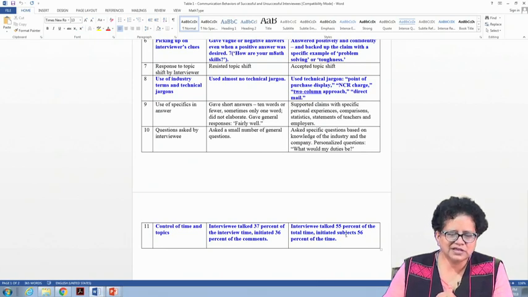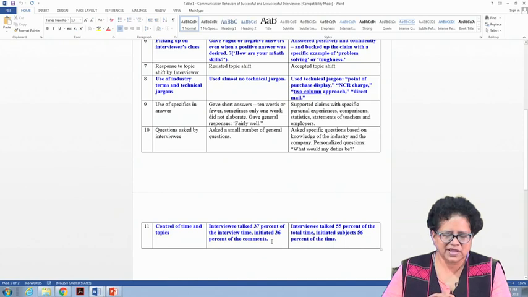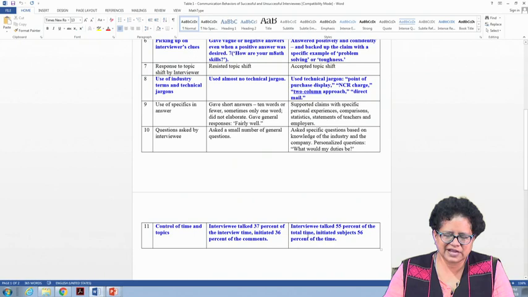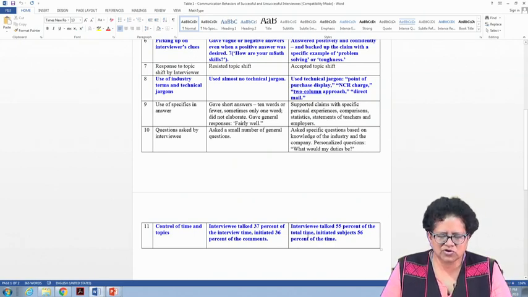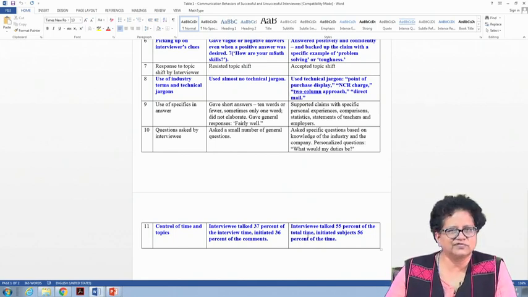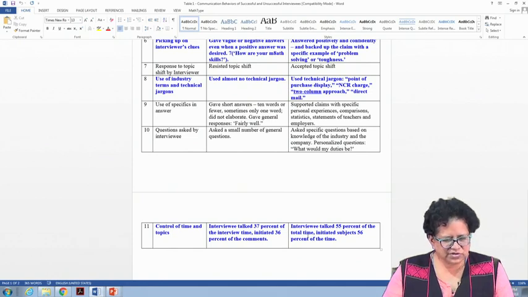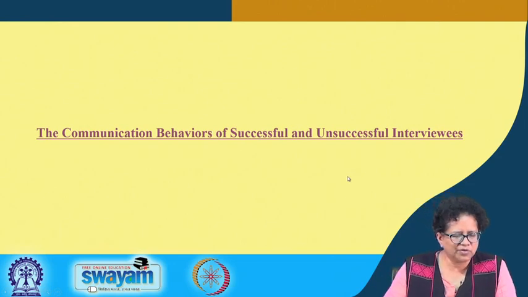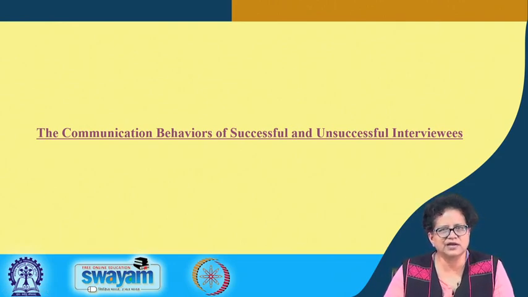The unsuccessful interviewees talked 37% of the interview time and initiated 36% of the comments, whereas the successful interviewees talked 55% of the total time of the interview, and they initiated subjects 56% of the time. So, that brings us to a close of this topic on communication behaviors of successful and unsuccessful interviewees.